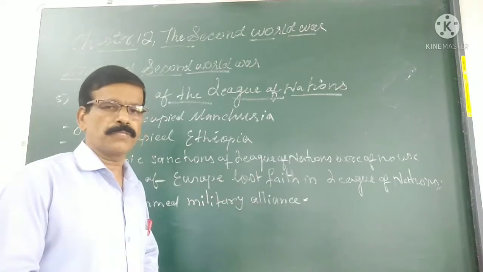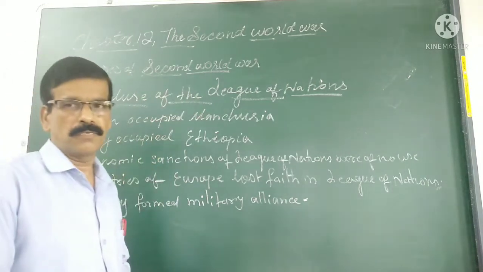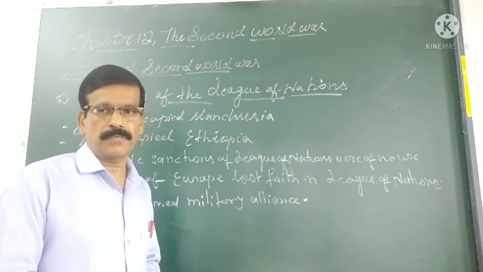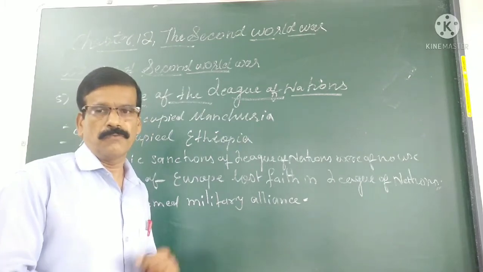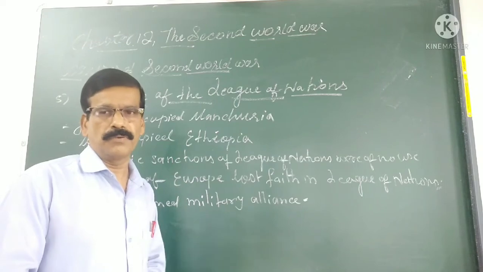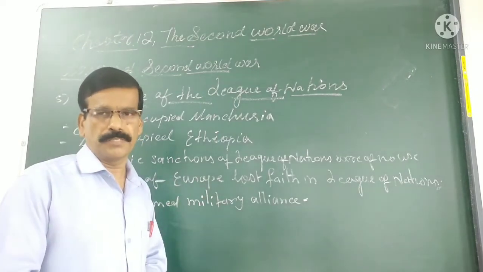One of the main causes of the Second World War was the failure of the League of Nations. Actually, the League of Nations was formed immediately after the First World War with the intention to stop a Second World War. But the League of Nations could do nothing.